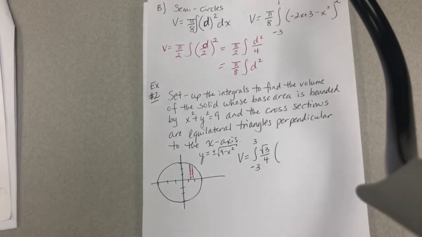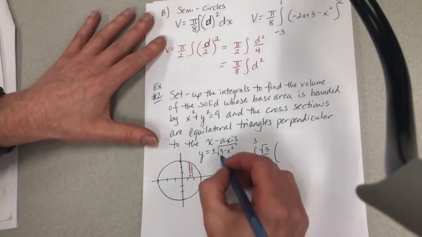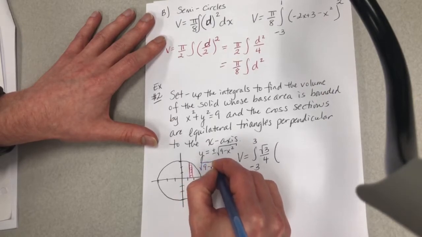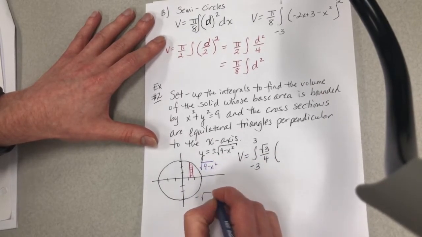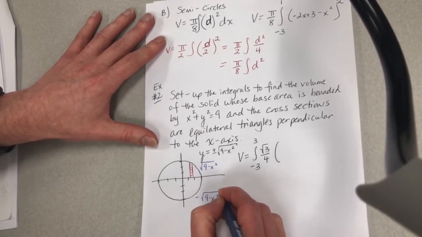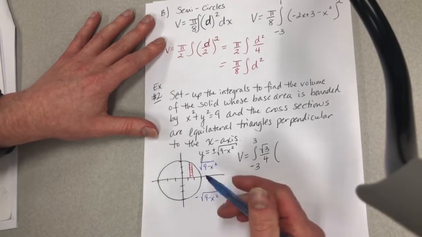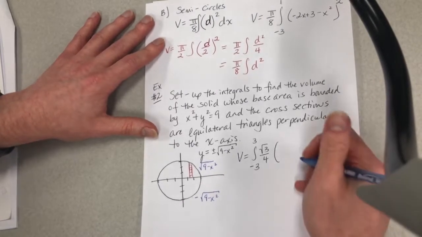Now we're going to do a top curve minus bottom curve here. So your top curve is going to be the positive branch, and your bottom curve is going to be the negative branch. So this minus a negative of that means we're going to double it.